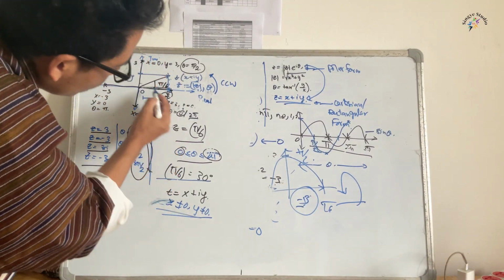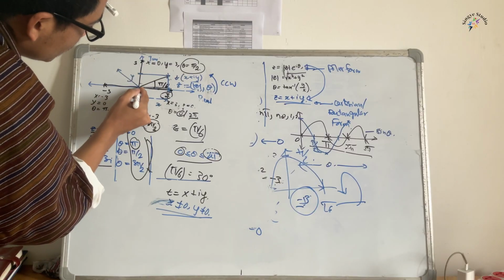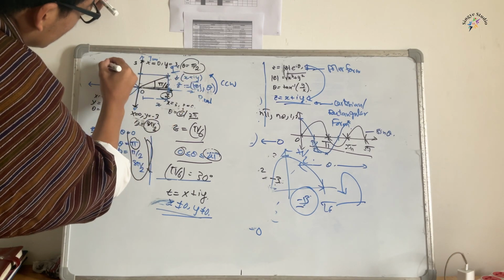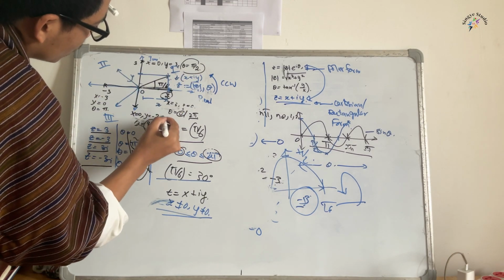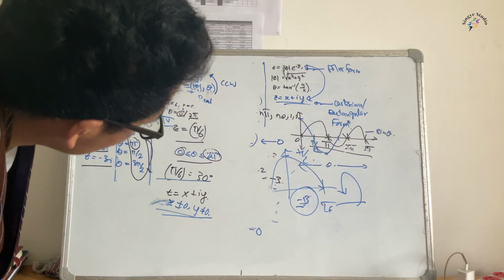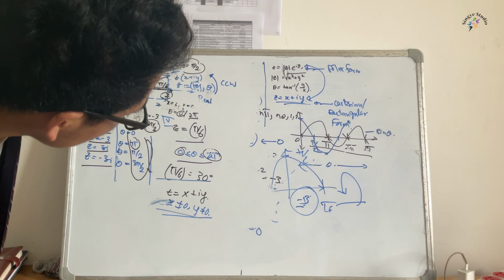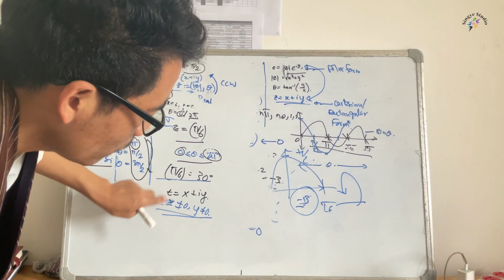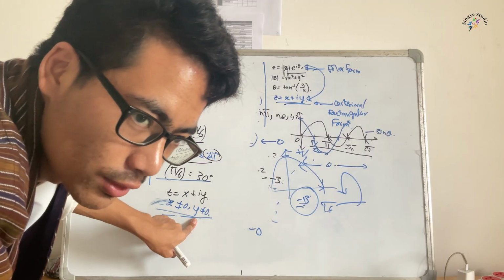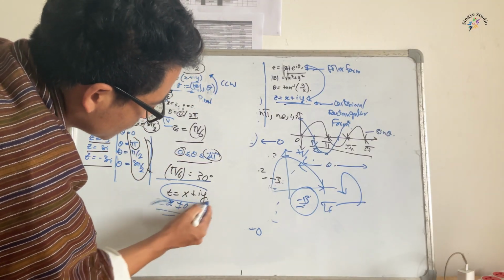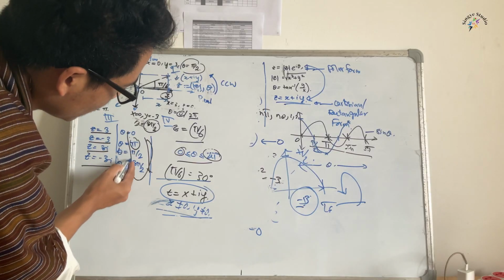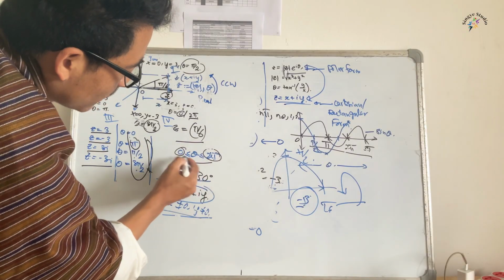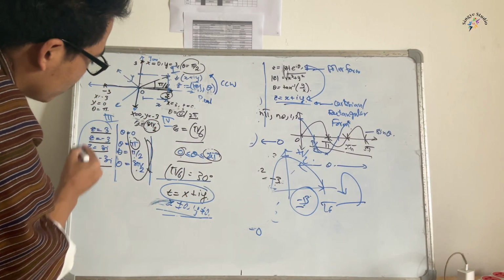Which means all numbers which lie between these coordinates, in quadrant 1, quadrant 2, quadrant 3, or quadrant 4, any number which lies here, here, here, or here, will have this complex form where x will not be equal to 0 and y will not be equal to 0, but they will have a combination of both. But if the angle is 0, pi by 2, 3 pi by 2, or between 0 and 2 pi, then your number will have definite values like that.